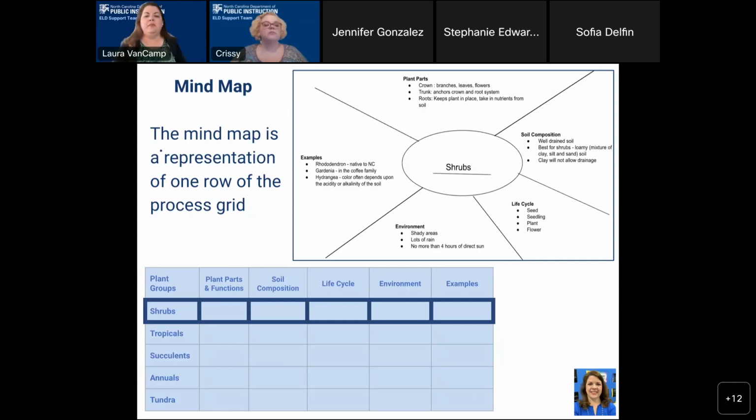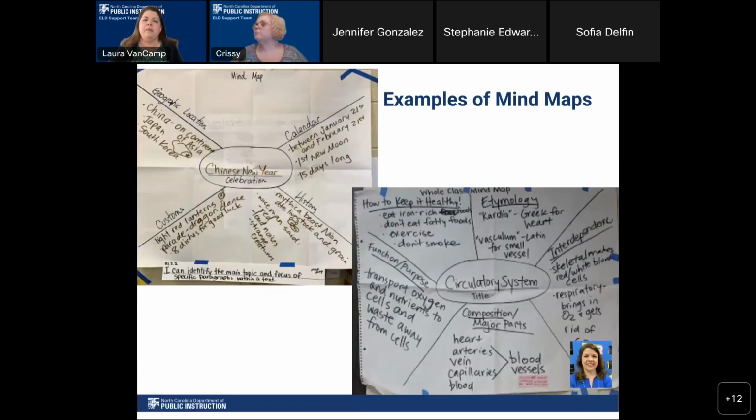All right, I'm going to give some examples of other mind maps from other units. And you can see on the left that the celebrations unit, this was a second grade unit that our friends in Henderson County did. One of the process grid rows for them was the Chinese New Year. You can see that the columns or the attributes of their process grid were geographic location, calendar, history, and customs.